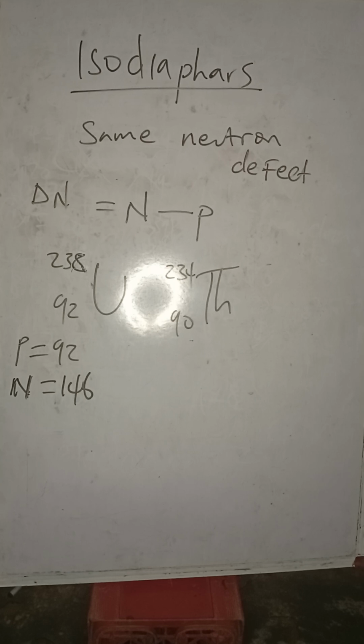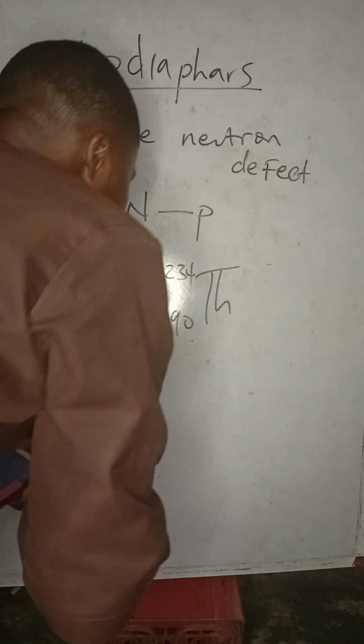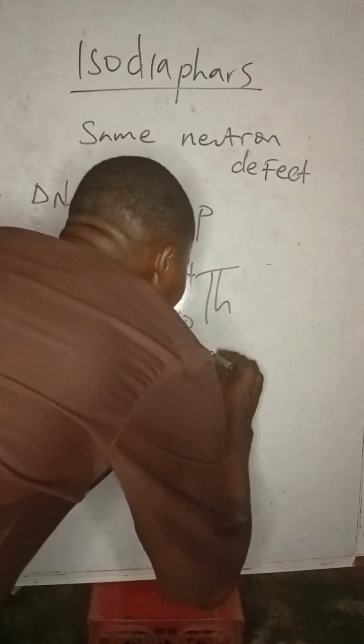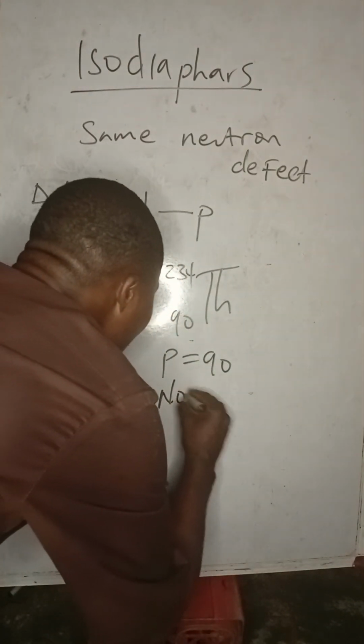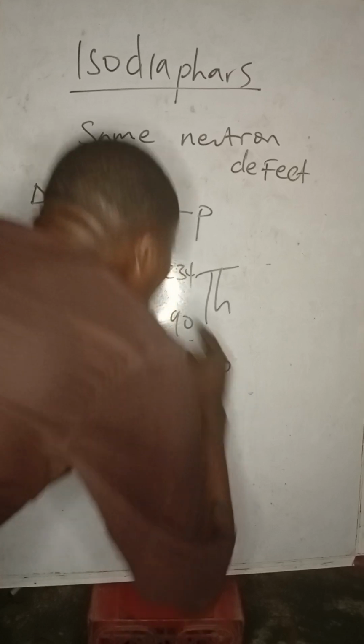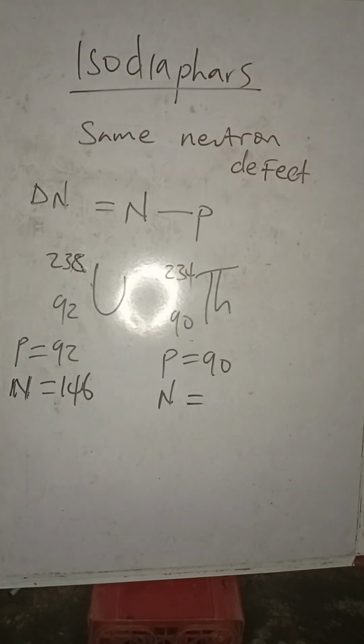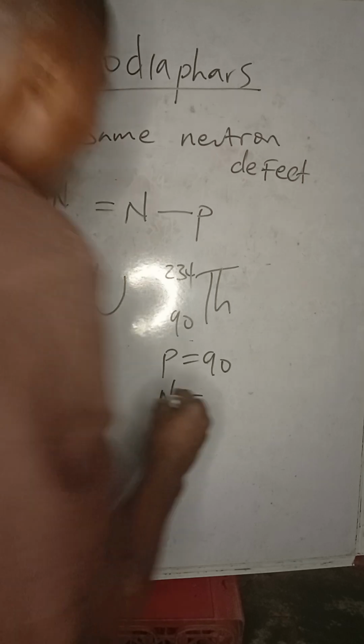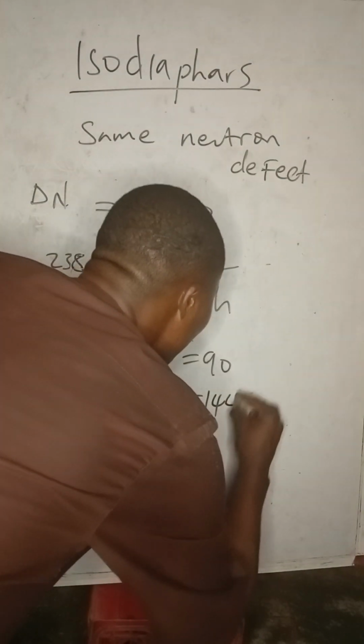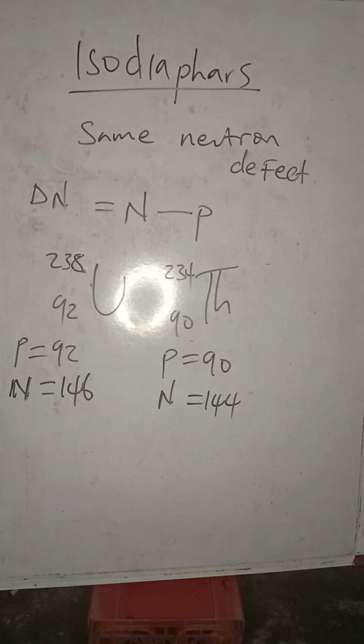The number of protons for thorium is 90. The number of neutrons here is A minus Z, 234 minus 90, which gives 144. So what is neutron defect?